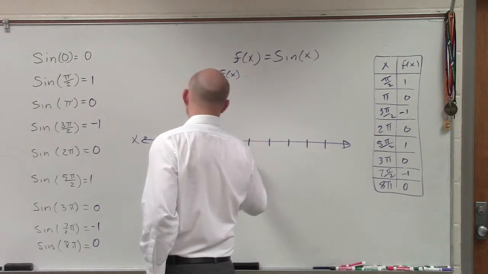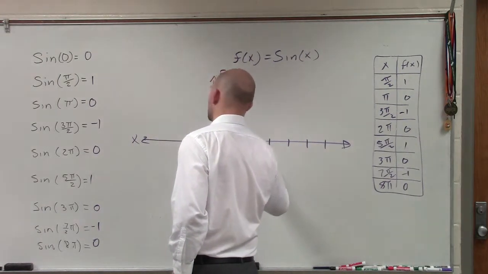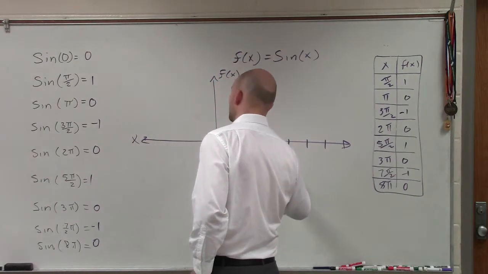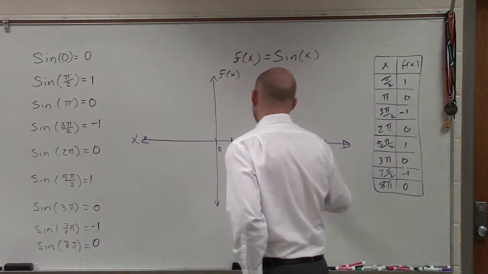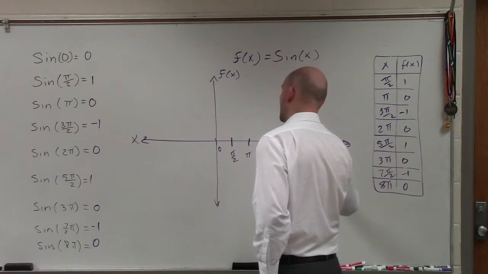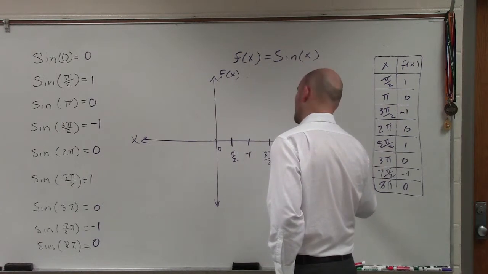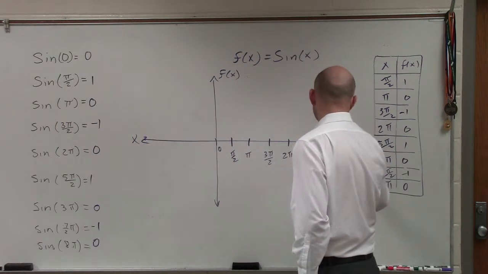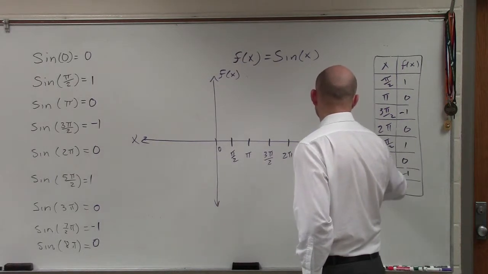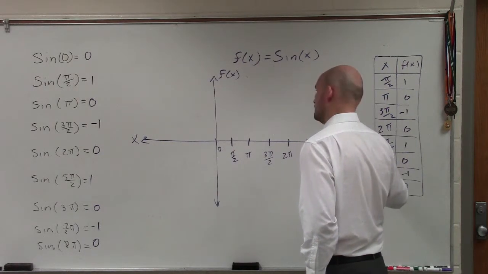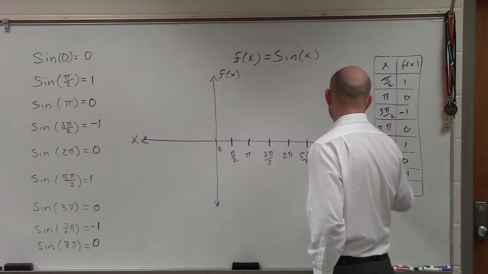That's at 0. This would be pi halves, pi, 3 pi halves, 2 pi, 5 pi halves, 3 pi, 7 pi halves, and this would be 4 pi.